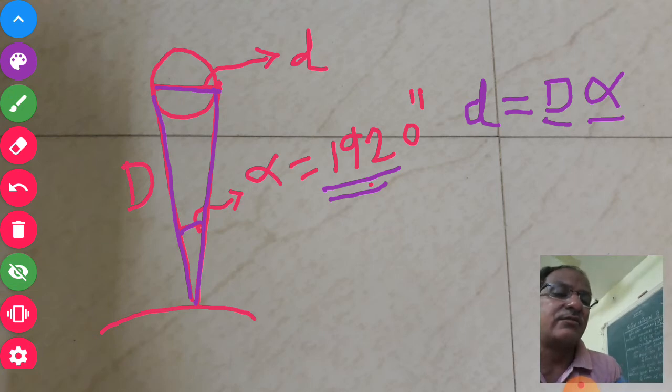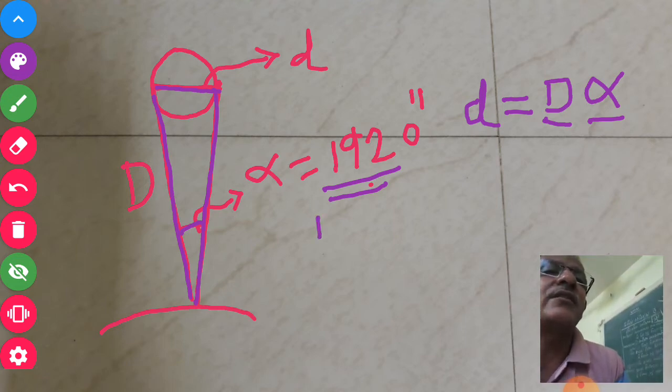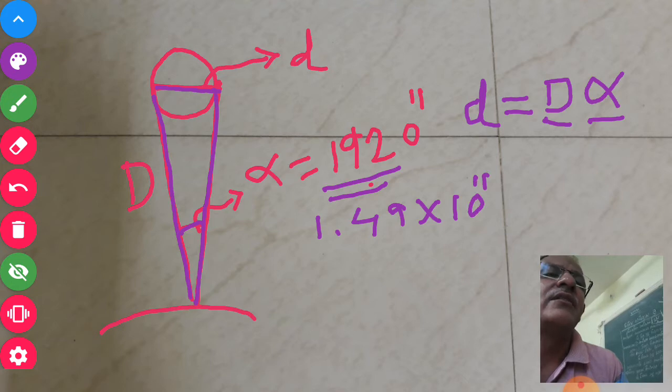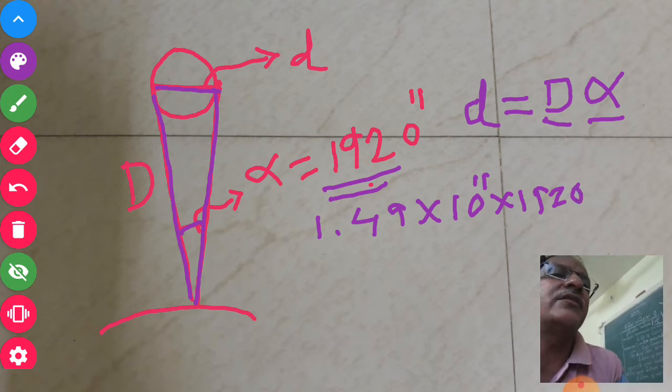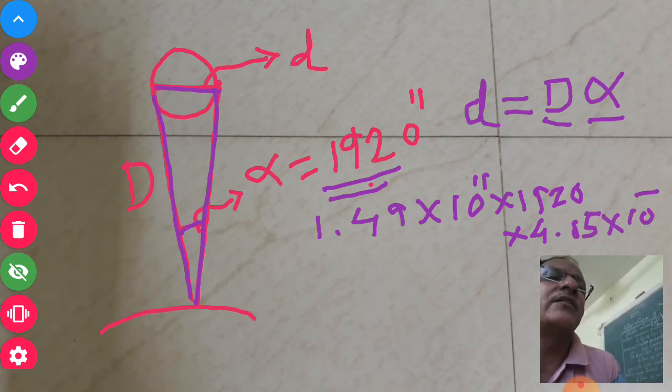D is known to you. What is the distance? Distance is 1.49 into 10 raised to 11. So 1.49 into 10 raised to 11 multiplied by 1920, that is in seconds, so you just have to multiply it by 4.85 into 10 to the power minus 6.